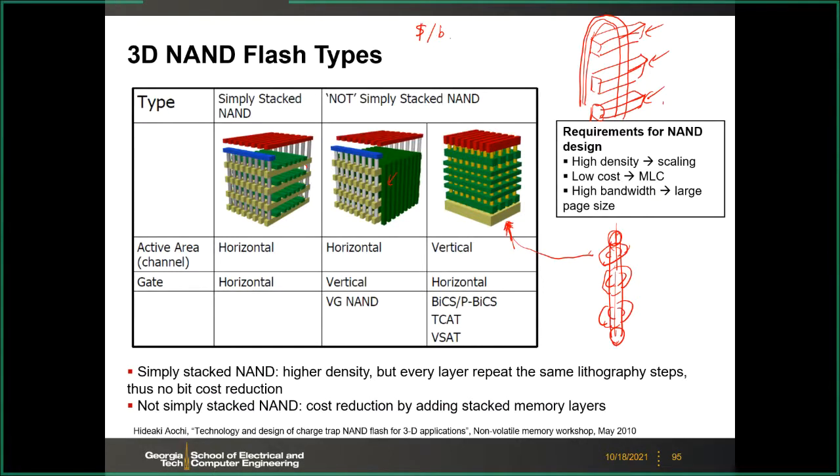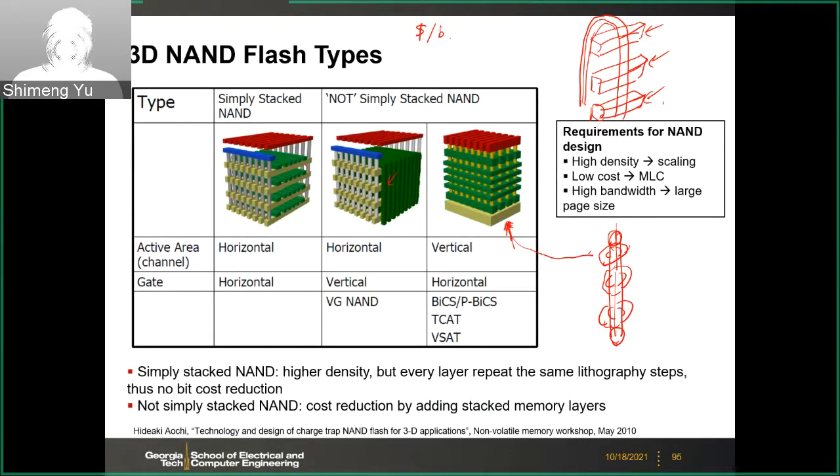So how much money you spend to fabricate 1 bit of your data storage. So this relies on two things. First is the density of the design. For example, let's say dollar per gigabit. So how much do you pay for 1 gigabit?